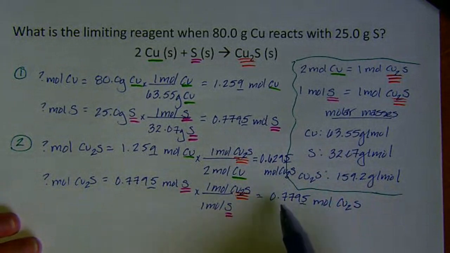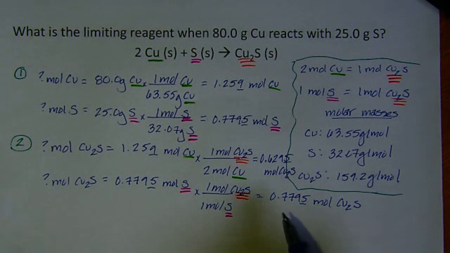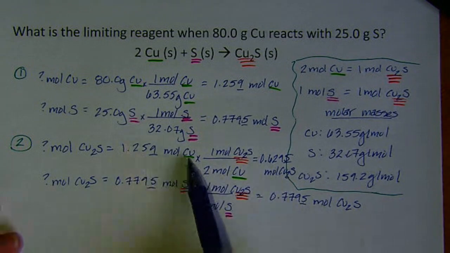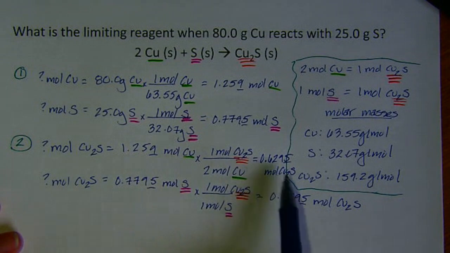So I have enough sulfur to make almost 0.8 moles of copper sulfide, assuming that I have enough copper to do that. But if I look at my copper, I only have enough copper to make 0.6 moles of copper sulfide.